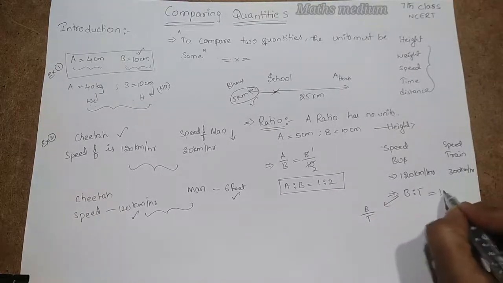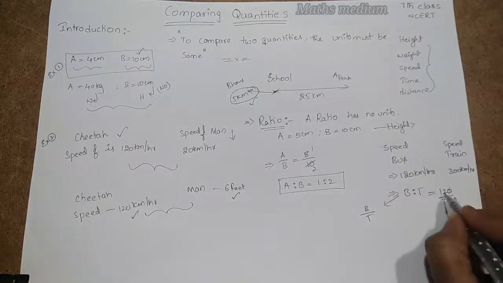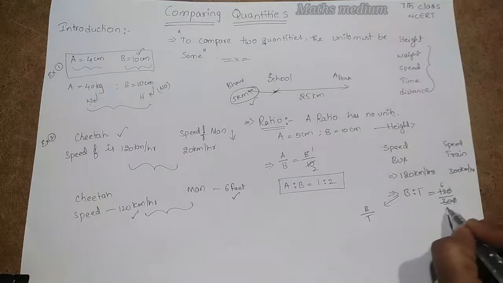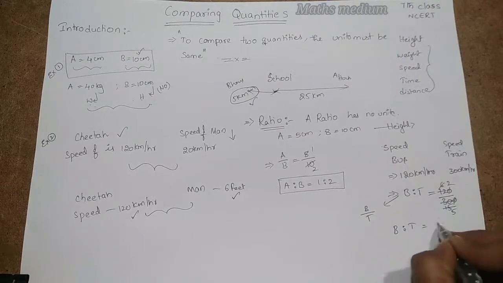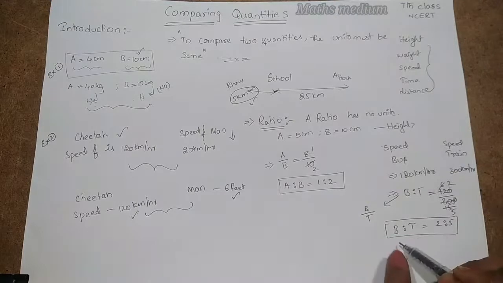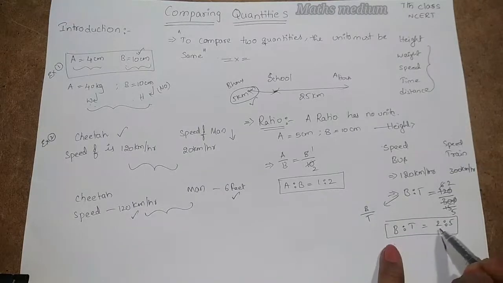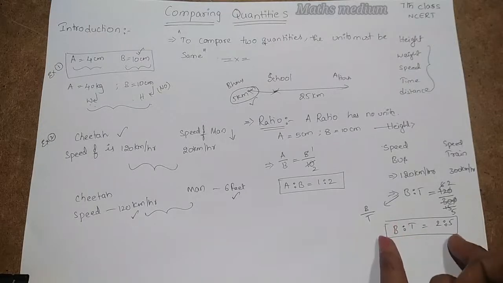So it is equal to 120 by 300. See, the 0s get cancelled. 2 6s are 12, 2 15s are 30, 3 2s are 6, 3 5s are 15. So bus is to train is a 2 is to 5 ratio. It means bus can travel, for example, 2 times, but train can travel 5 times. So that is the way to represent ratios.